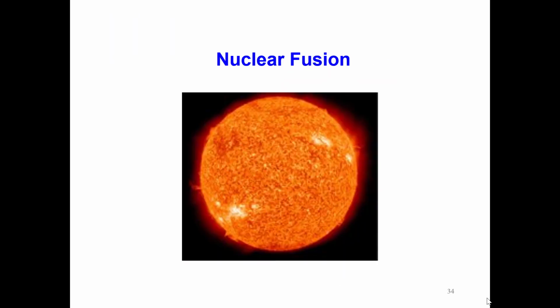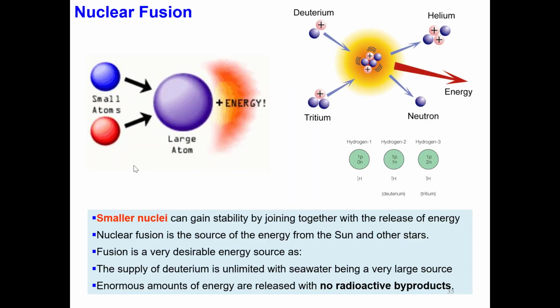Now we are going to talk about nuclear fusion, which is the nuclear reaction that happens in our sun. Nuclear fusion occurs when smaller nuclei join together in order to gain stability. When they join together, they create a larger atom plus energy.